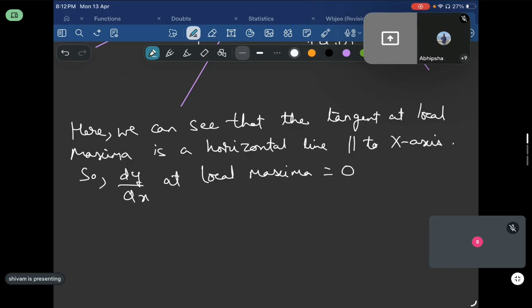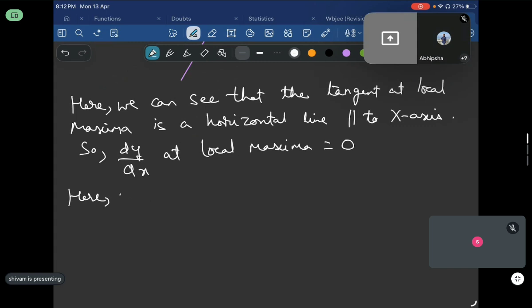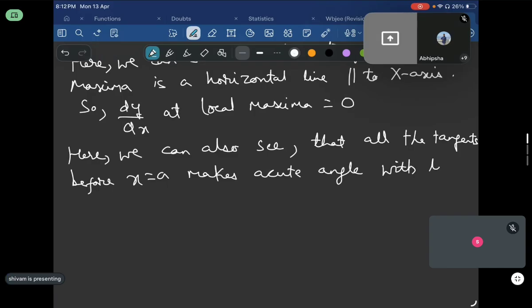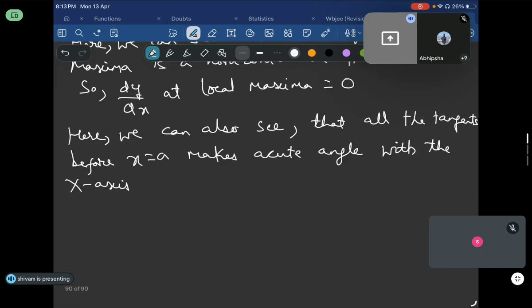Next. Here we can also see that all the tangents before x equal to a make an acute angle with the x-axis.